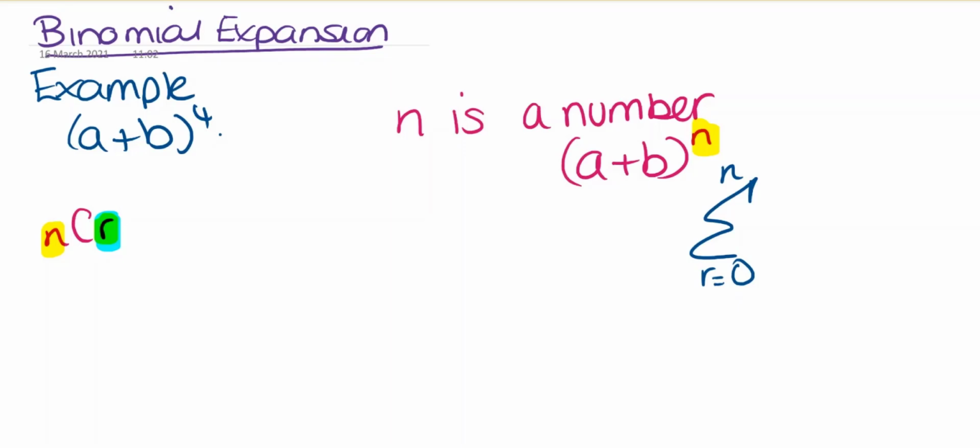So we're going to be using n factorial divided by n minus r factorial multiplied by r factorial. Now sometimes you may see this written as k instead of r. So let's have a look at how we can write this.